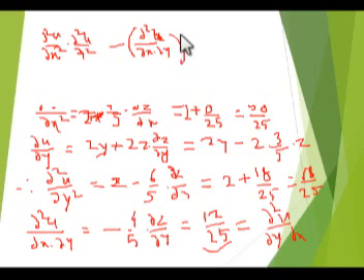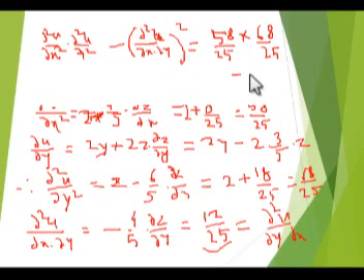So this is equal to 58 by 25 multiplied by 68 by 25, minus 12 by 25.